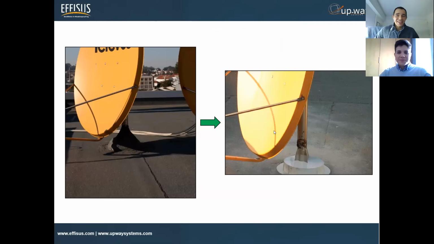Yeah, I like this example because it's a very good example of the efficiency of the cleaners and the easy way to apply our solution. We are talking about the left image, where people try to put a lot of maybe silicone.